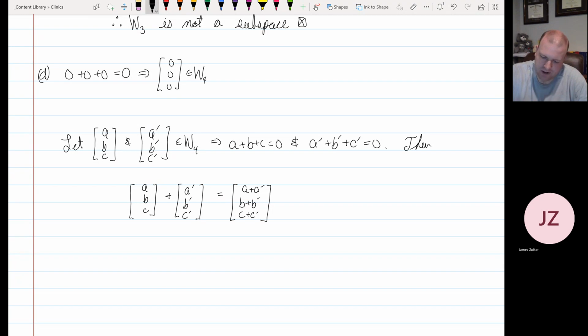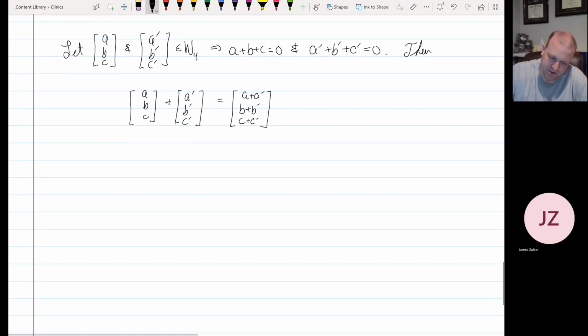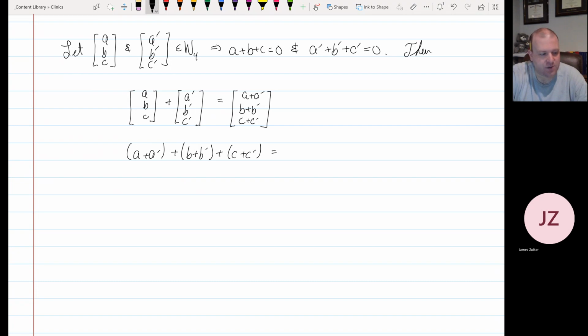Now we just have to determine if the sum of those three components is 0. Right? Well, addition is commutative and associative, so can't we group it this way? Right?